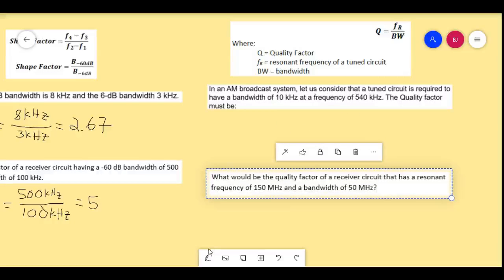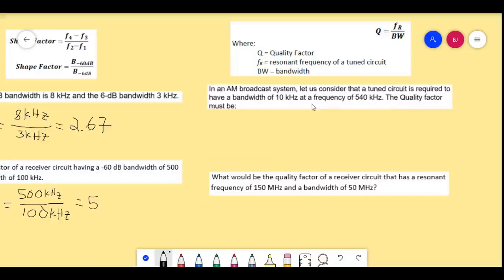This is the operating frequency right here. It isn't stated explicitly that this is the resonant frequency, but once the operating frequency of the signal is given, that would automatically be the resonant frequency.